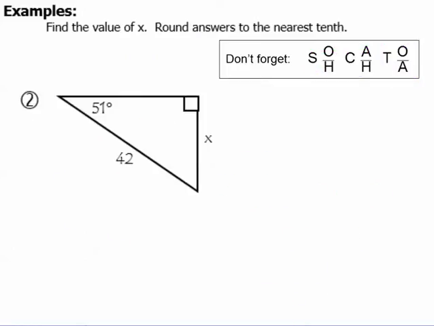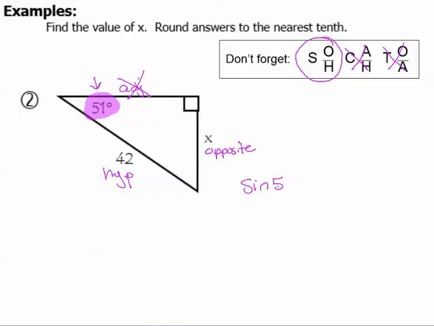If I move on to the next example, I'm going to pick 51 and I'm going to label my opposite, my adjacent, and my hypotenuse. I'm going to cross out my adjacent this time because it has nothing by it. And I'm going to pick my sine. Sine of what? What angle did I pick? I picked 51 equals opposite over hypotenuse.